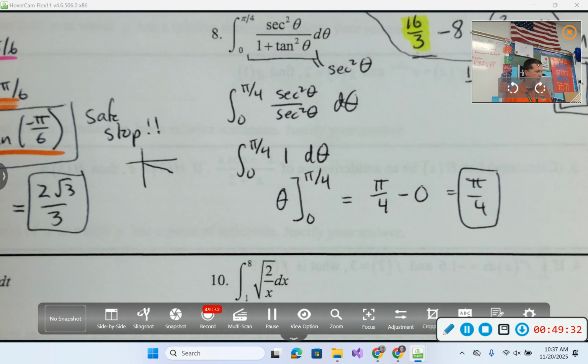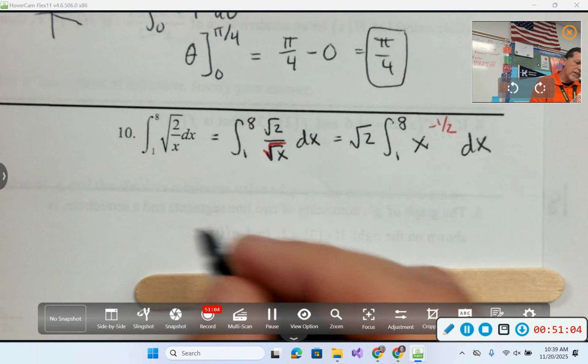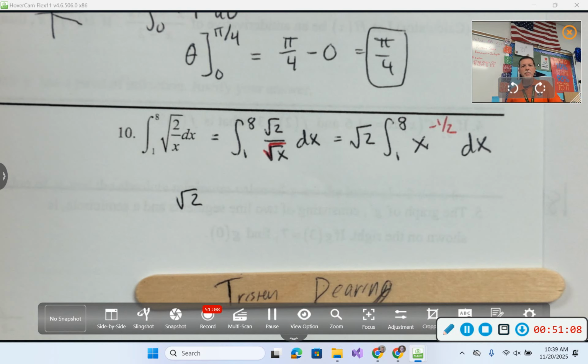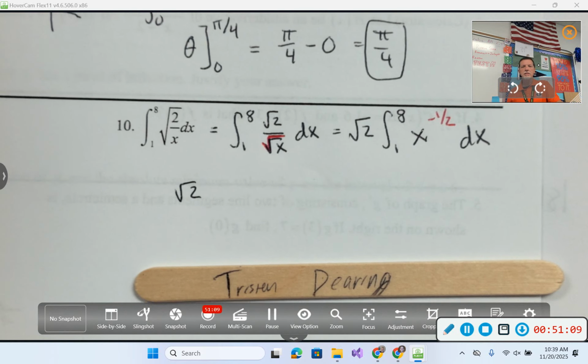Speaking of antiderivatives, how about the antiderivative of x to the -1/2? So then like 2x to the -3/2. Wait, increase the power by 1. You're starting at -1/2. Just normal. So normal 1/2. And then divide by the new power.